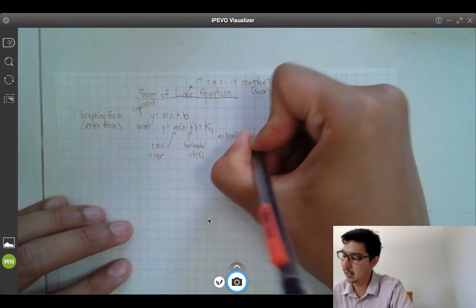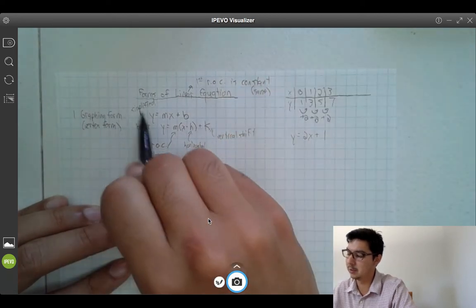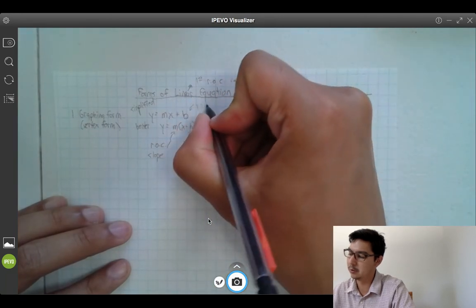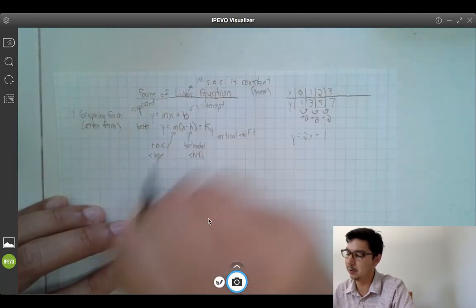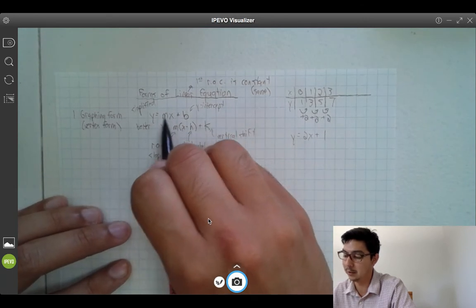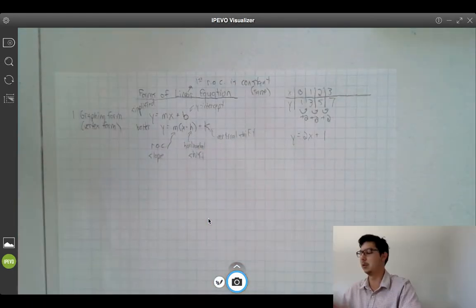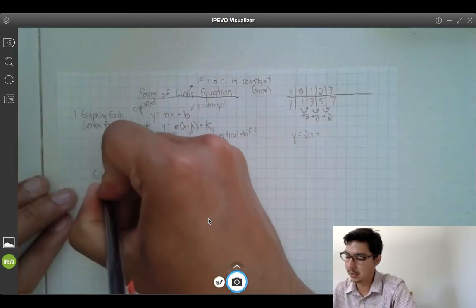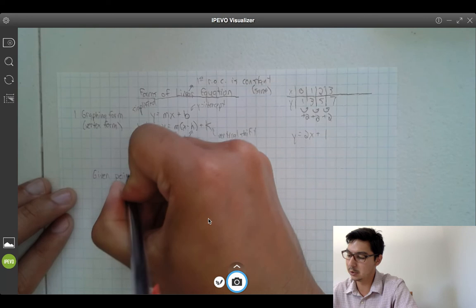But sometimes what happens is when we simplify this into y equals mx plus b, the b ends up just becoming the y-intercept, because if you plug in x equals 0, once this is simplified, that gets rid of anything here. You're just left with y equals b. So to give you an idea, say you were given a point and the slope.